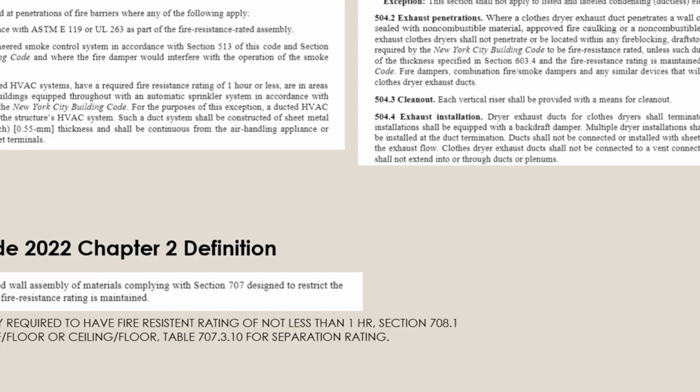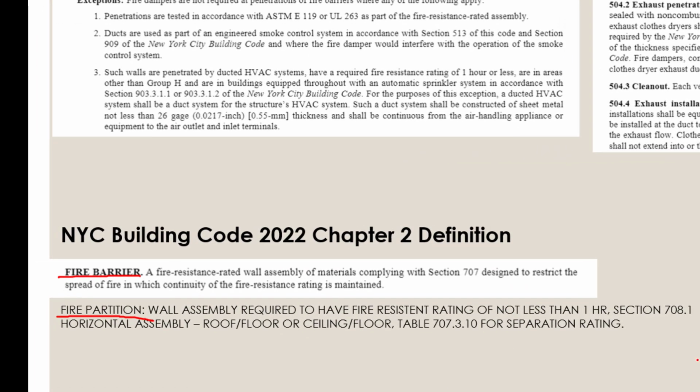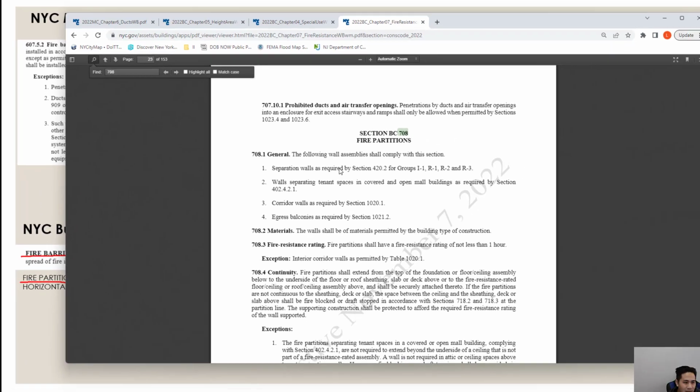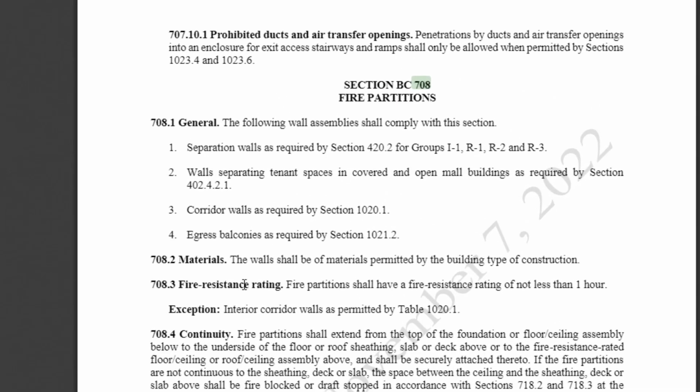So I list these two here. And a fire partition has to have a fire resistance rating of not less than 1 hour. That's actually listed in this section here where it says, fire partitions shall have a fire resistance rating of not less than 1 hour.